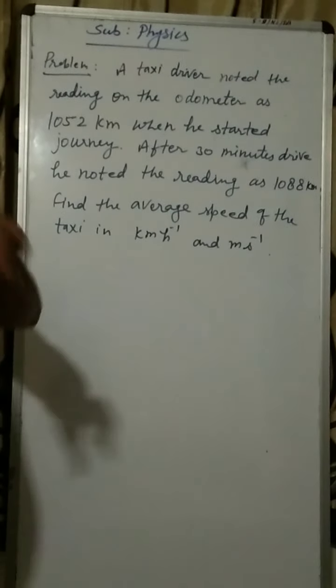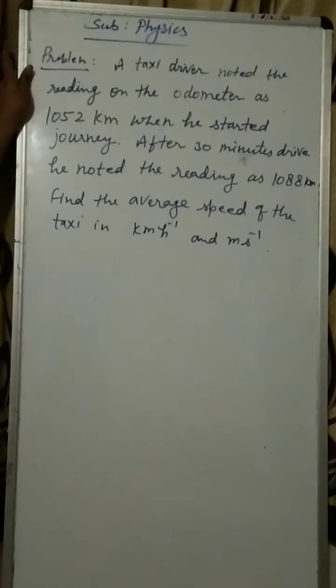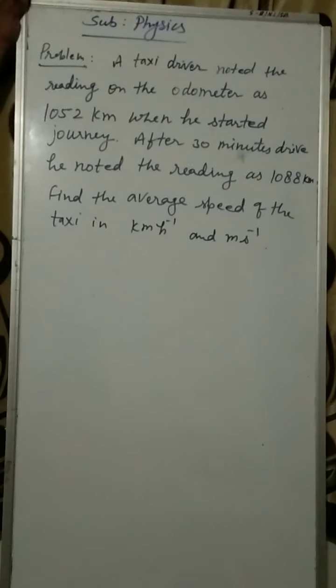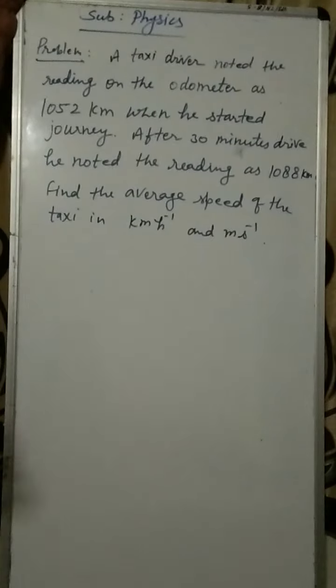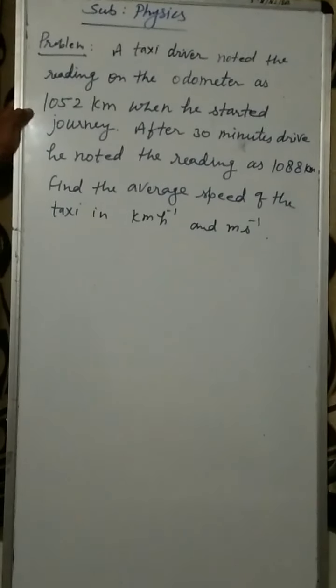Now students, one problem for you based on the average speed. You can see on the board, a taxi driver noted the reading on the odometer. Odometer, I have already told you, measures distance. So the distance measured is 1052 km in the beginning, before starting.